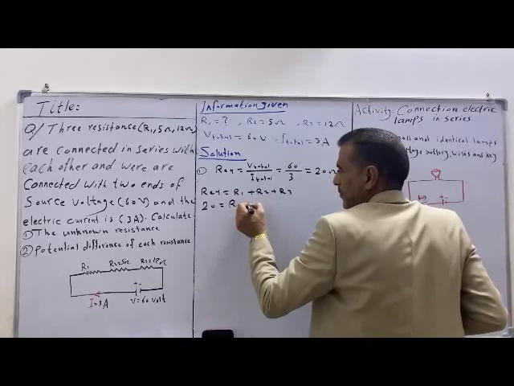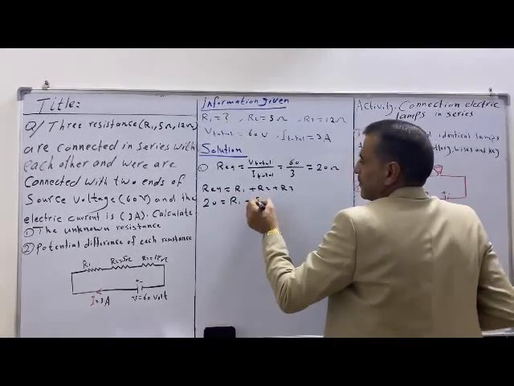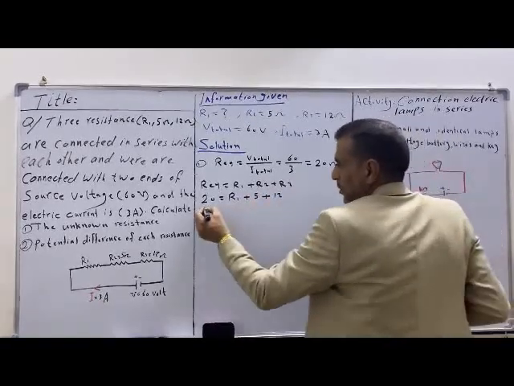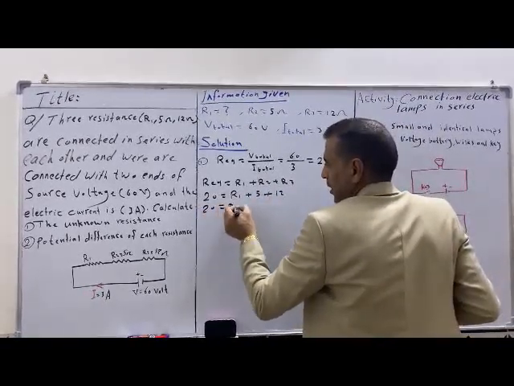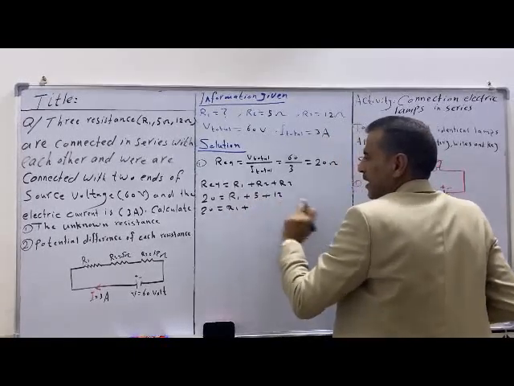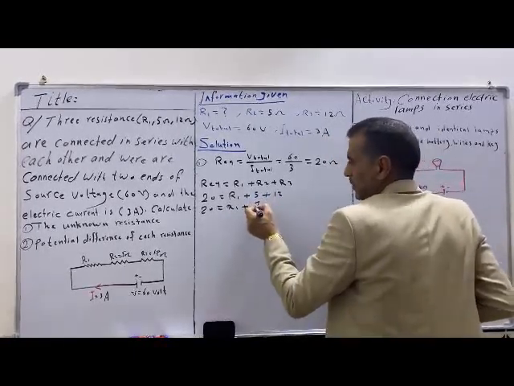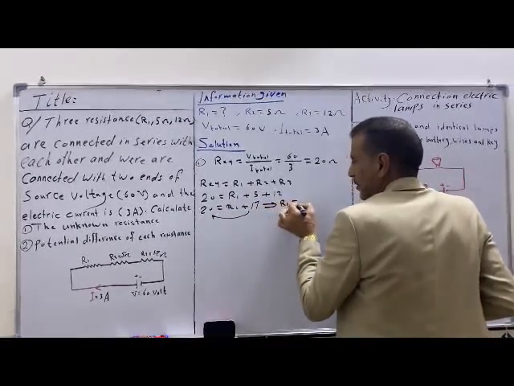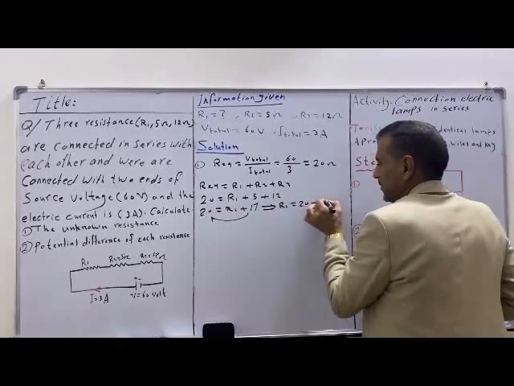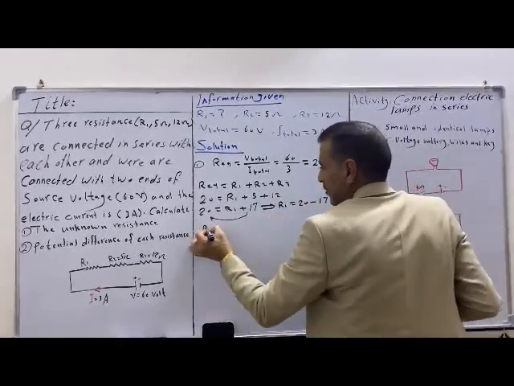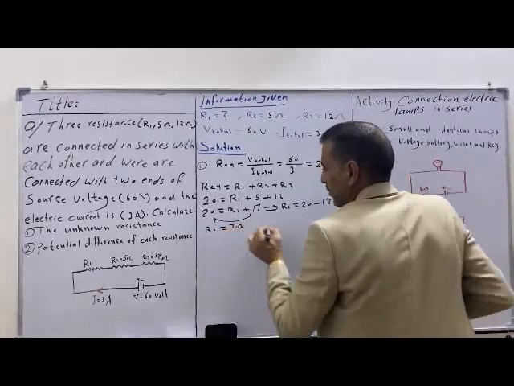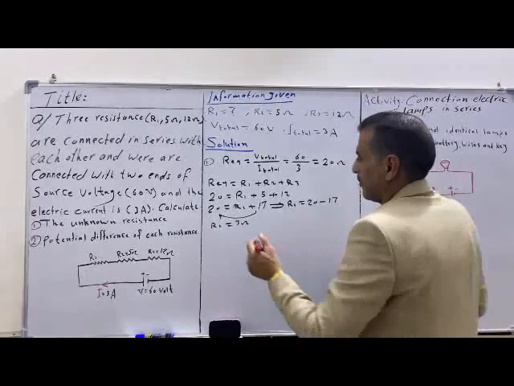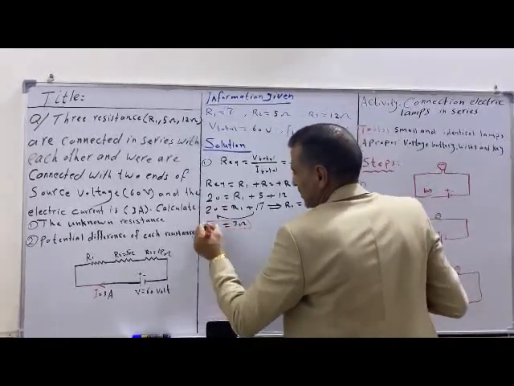R1 is unknown, R2 is 5 and R3 equals 12. 20 equals R1 plus 5 plus 12, which is 17. R1 equals 20 minus 17. R1 equals 3 ohm. This is the magnitude of the unknown resistance.